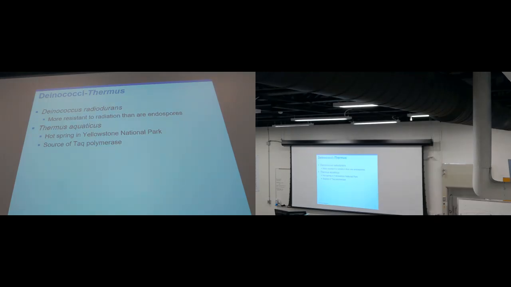Now, a couple of bacteria that have been important in research, and we're studying them for a reason, are Deinococcus radiodurans and Thermus aquaticus. Deinococcus radiodurans has some enzymes, like recombinase enzymes, that are capable of swapping pieces of DNA that are mutated. And this bacteria is more resistant to radiation than endospores.